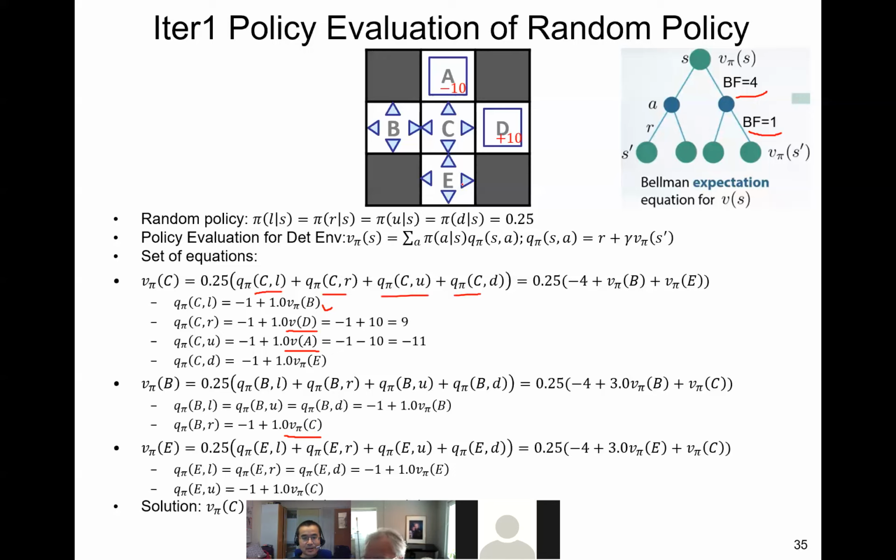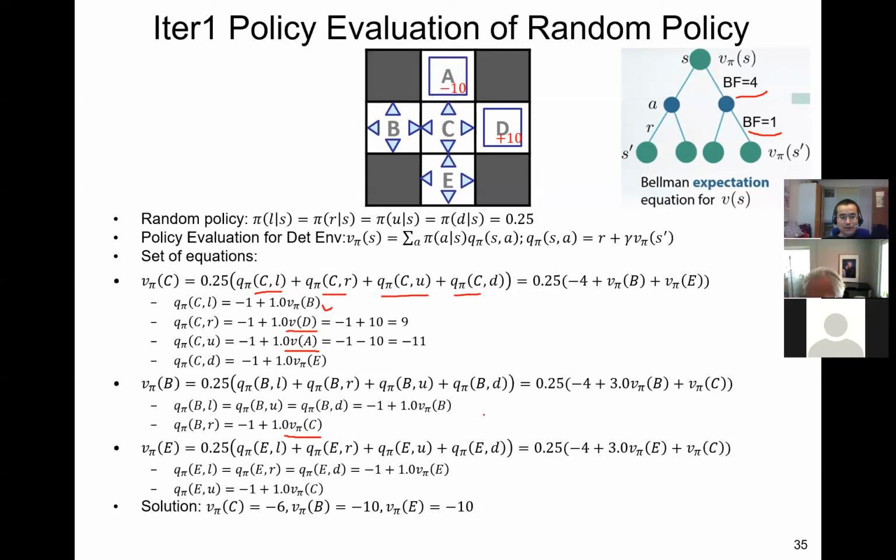In E, similarly, if you go left, right, and down, you stay in E. Otherwise, you go up, you can go into C. So this set of linear equations can be solved to get the value functions -6 for C, -10 for B, and -10 for E.